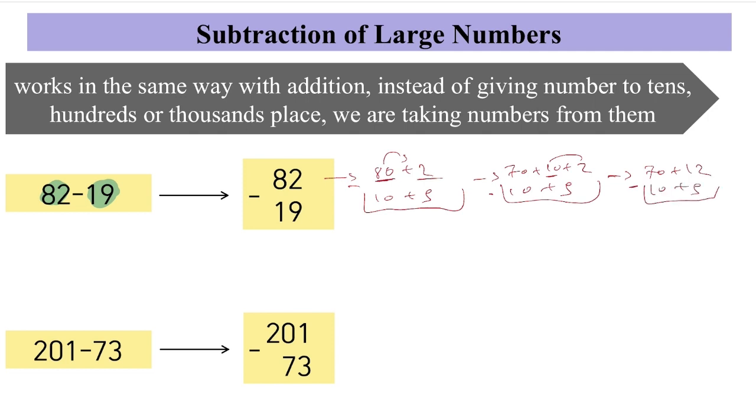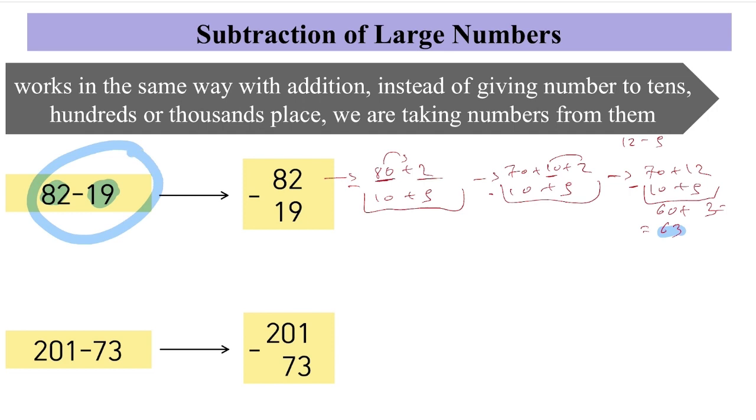We did this to make the subtraction, to take 9 from the 12. Okay, so now we can make the operation in the units place as 12 minus 9, which is 3. And if you take 10 from the 70, you will get 60, and the result is 63, which is the result of this operation.